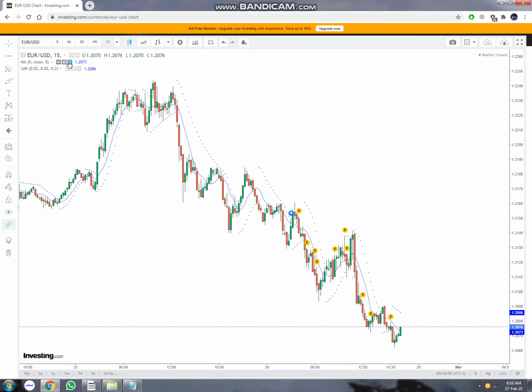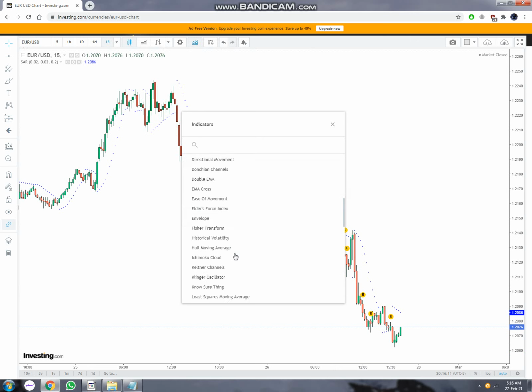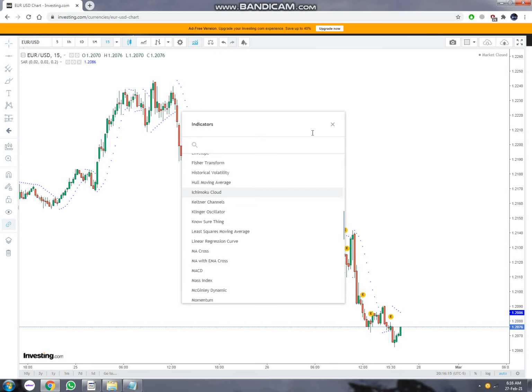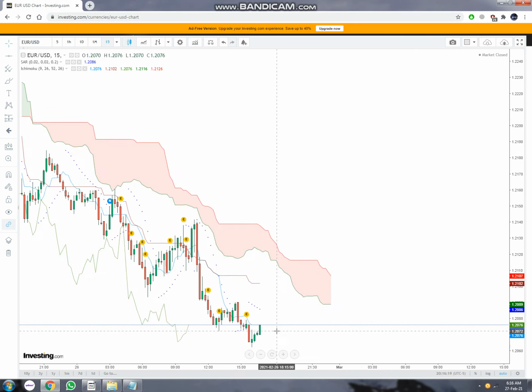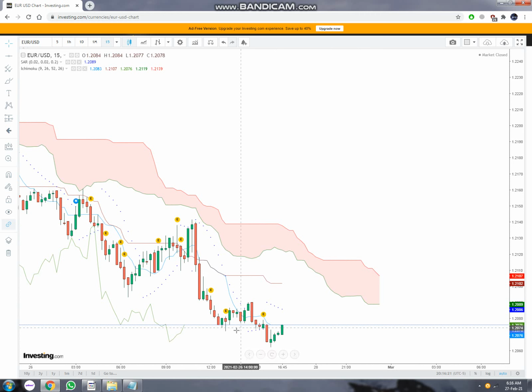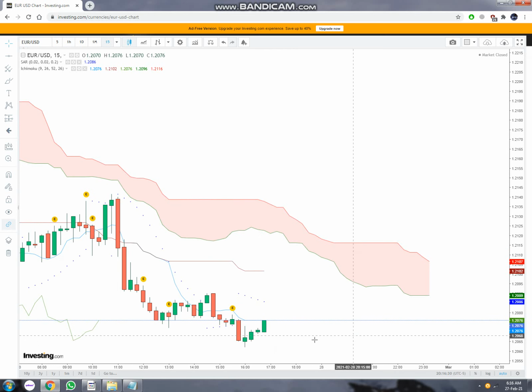Now let's use the Ichimoku cloud on this level, because it is a bullish market now, but let's see how well it does. Now let's look at the Tenkan Sen, Kijun Sen.